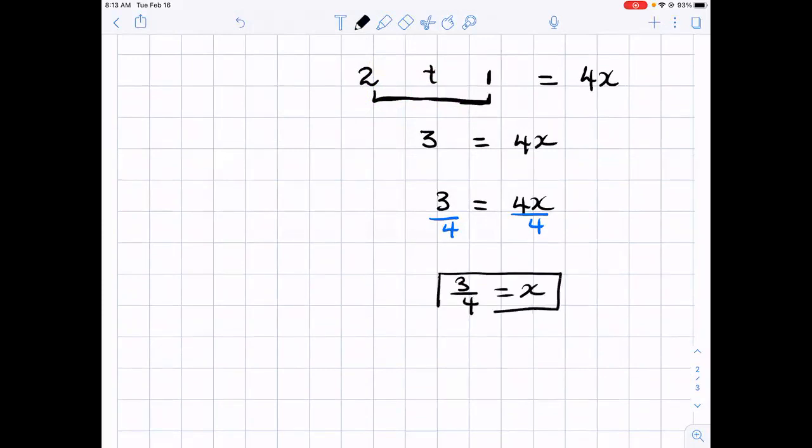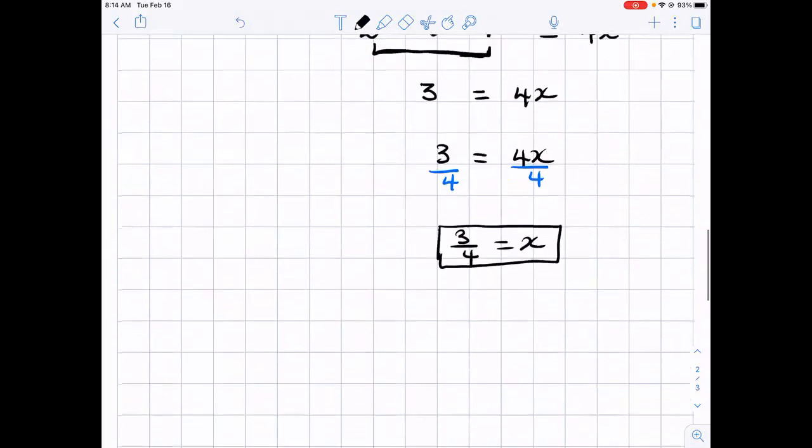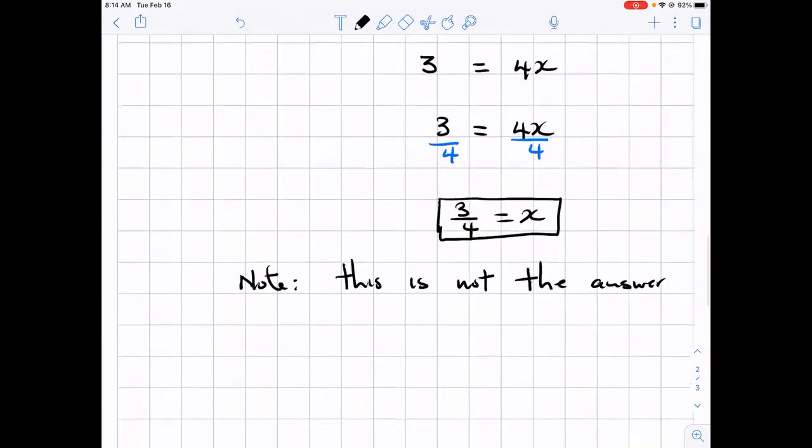So it just happens in this case that the answer is 3/4. Well, the x value, this is not the answer. Note, this is not the answer. Okay? This is the value of x.